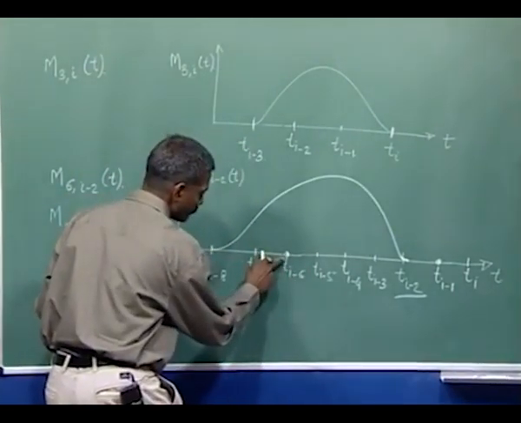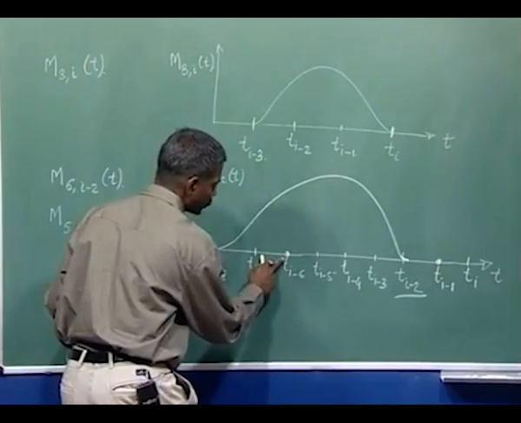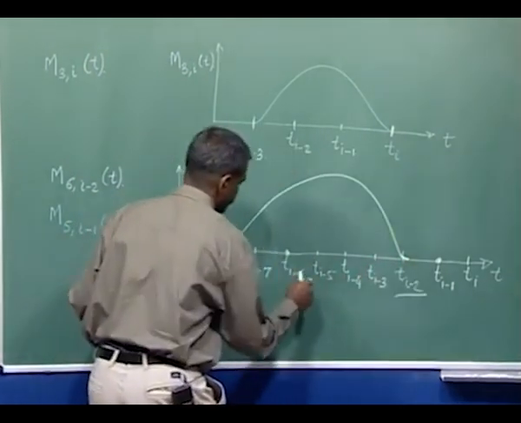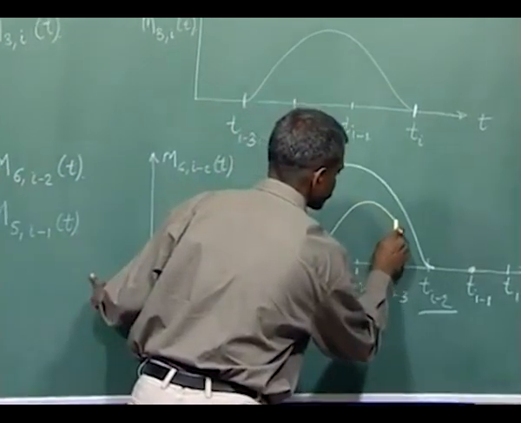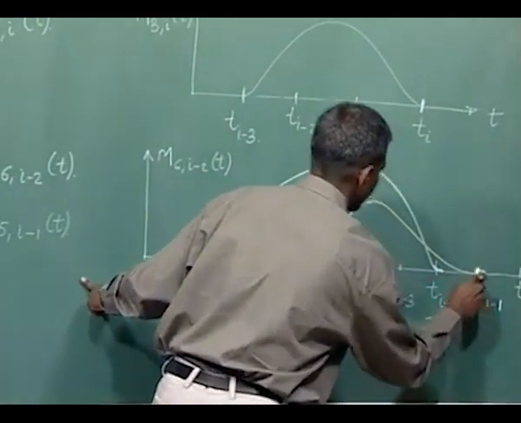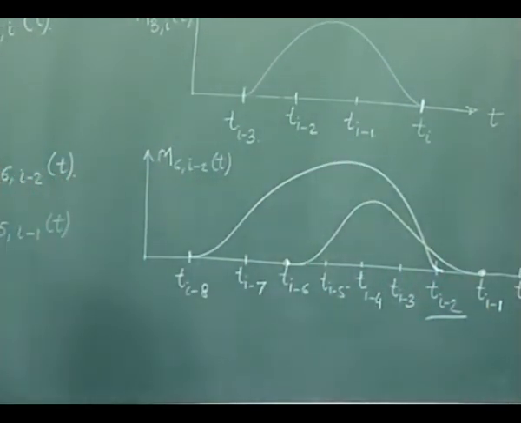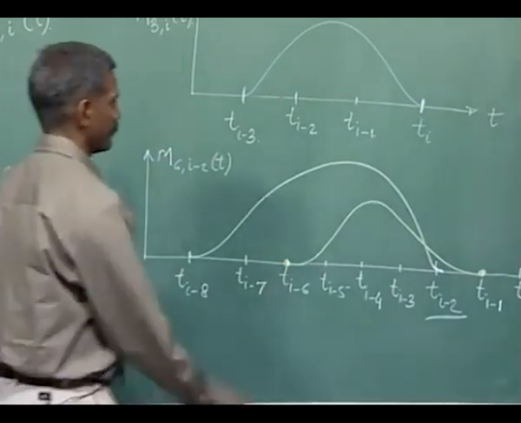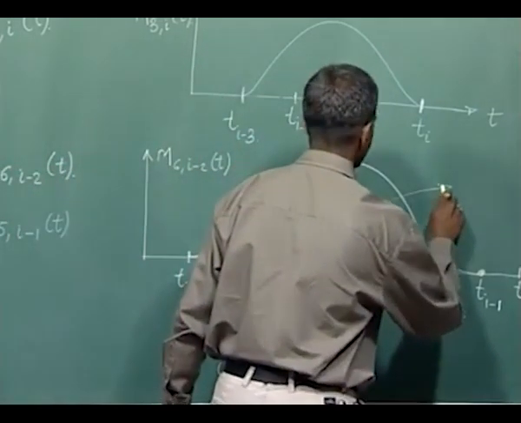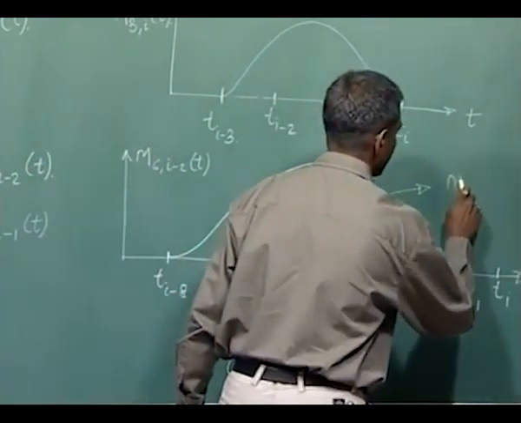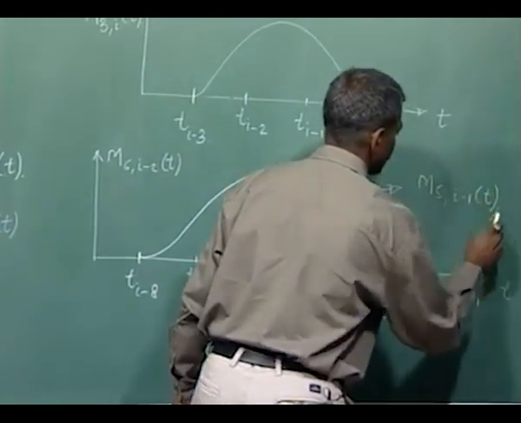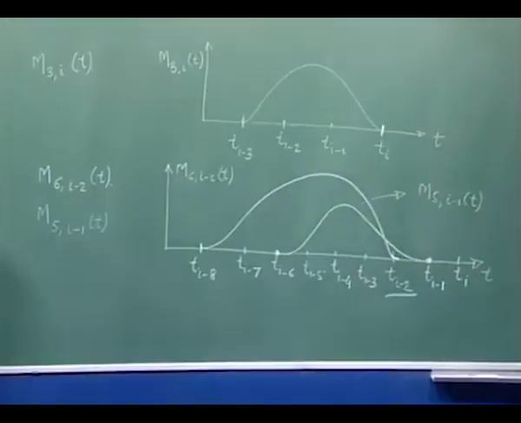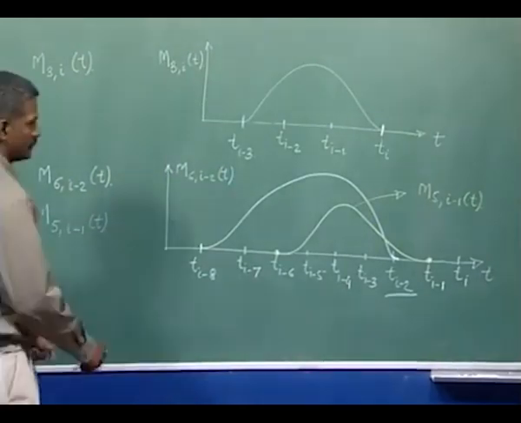I'm going to be careful at how I draw the slopes here at the two endpoints. This is M_5,(i-1)(t). 10 marks for guessing this.